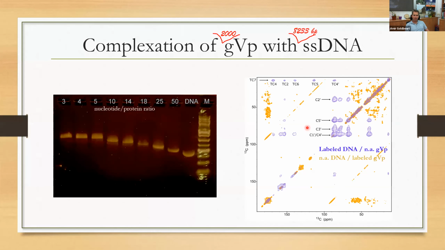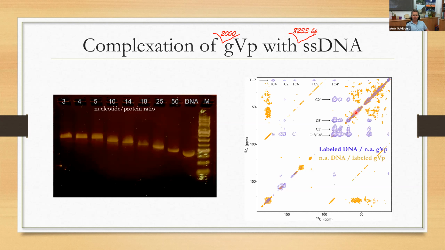Now, the other thing you can see are the diagonal signals of the protein, which is in natural abundance in the sample. Now, if you reverse label it, you use a labeled gene 5 with a natural abundance DNA. This is this orange spectrum. And then you see a very, very nice high resolution solid state NMR spectrum with no DNA signals.